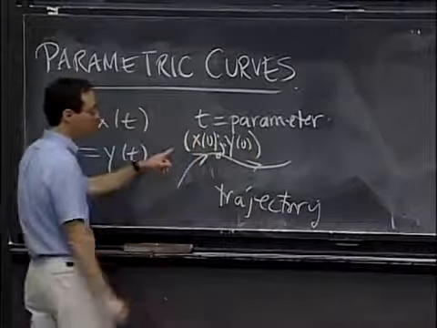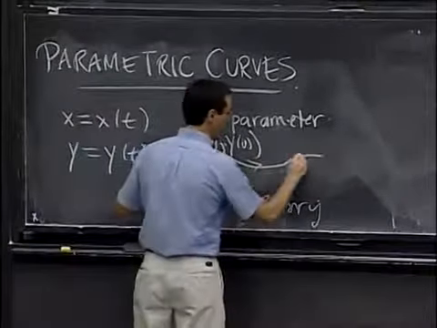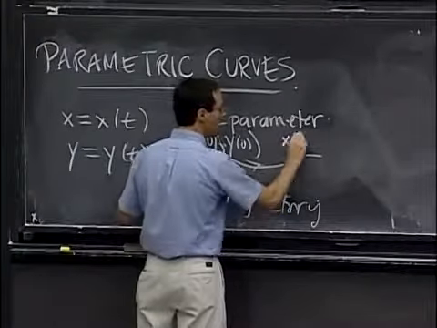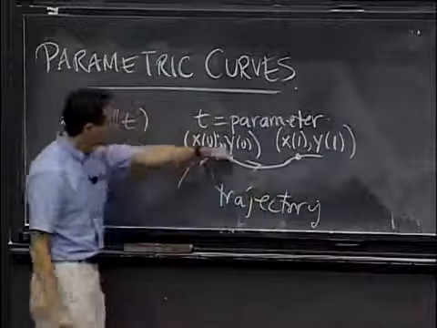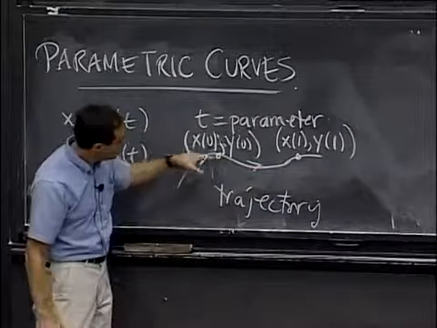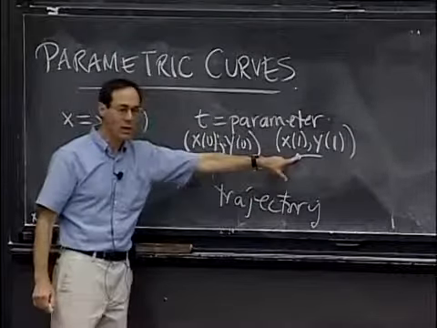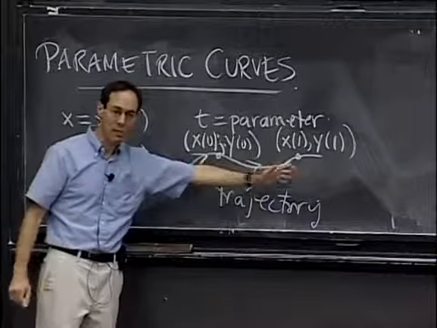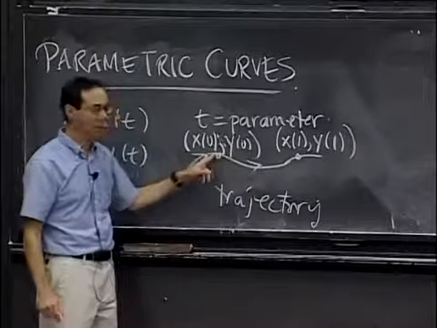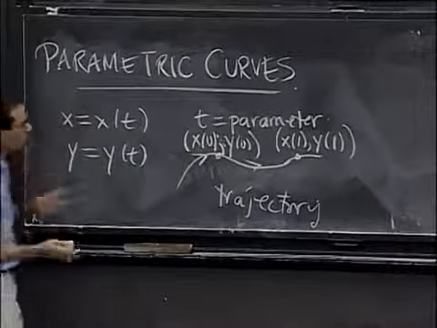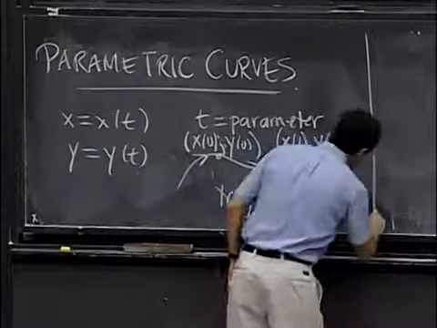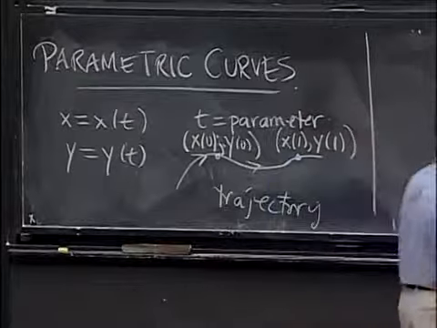That's a point in the plane. And then over here, for instance, maybe it's x of 1, y of 1. And I drew arrows along here to indicate that we're going from this place over to that place. These are later times. t equals 1 is a later time than t equals 0. So that's just the way we use these notations.